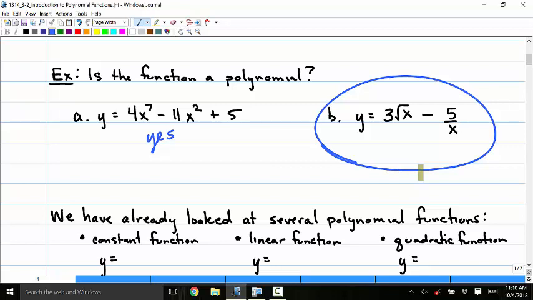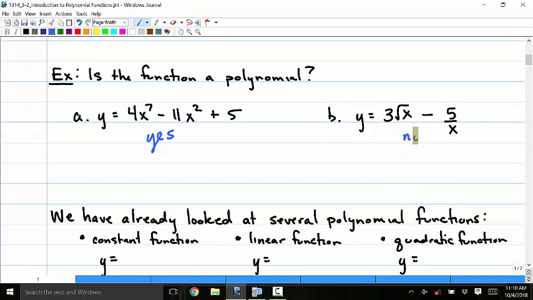Is that going to be a polynomial function? And the answer is no. Now, I could write that as y equals 3x to the 1/2 power minus 5x to the negative 1 power. What do you notice about the powers of x? They're not integers, or they're not whole numbers, I should say. They have to be bigger than or equal to 0.